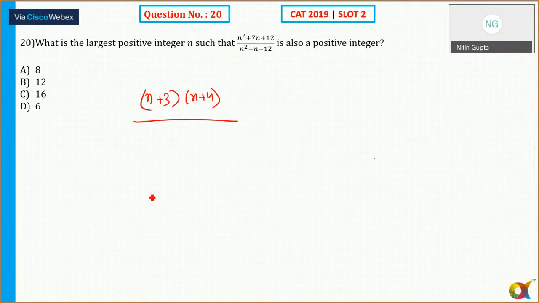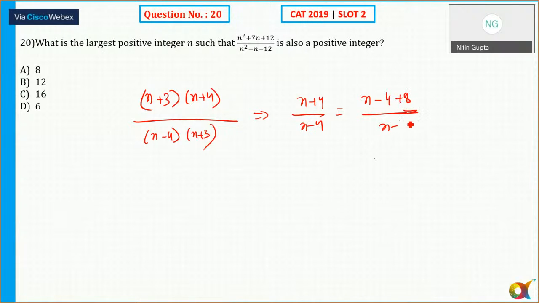I'm doing it directly, writing down here. So you can see n plus 3 and n plus 3 will get cancelled. So I'll get n plus 4 upon n minus 4. The numerator can be written as n minus 4 plus 8 upon n minus 4.